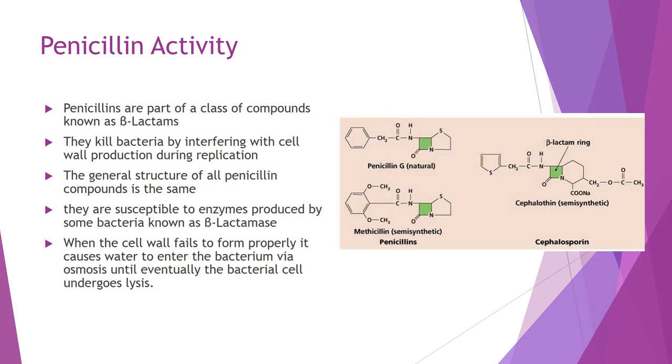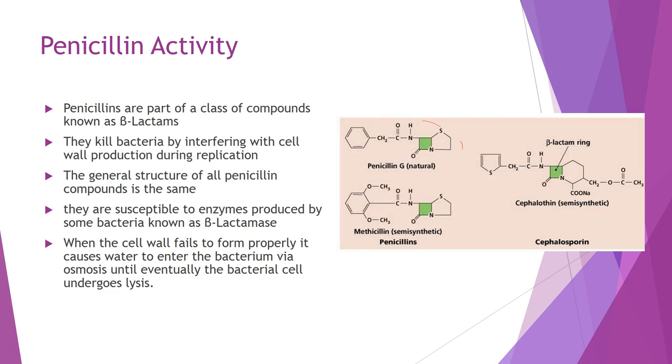So penicillin activity is critical on this beta-lactam. The compounds that penicillins are part of are known as beta-lactams because of this structural feature, this strained square ring that we see in here with the nitrogen in it. This is our natural penicillin, and then these penicillins are ones that have been created semi-synthetically, so modified from the natural product over time.